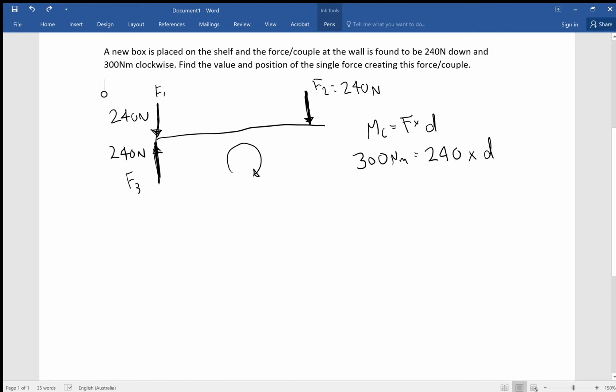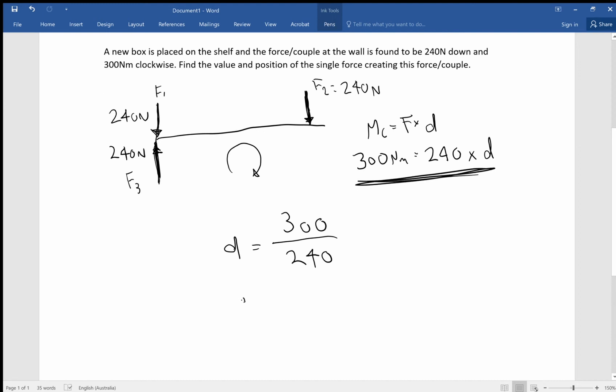So when we make d the subject of this formula, d is equal to 300 divided by 240. I was just changing the subject of this equation here.